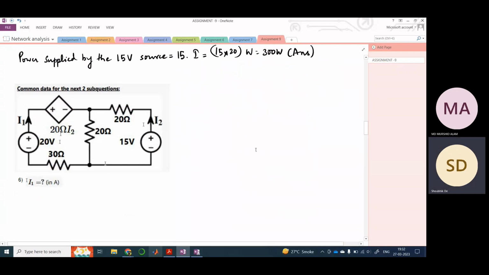So here you see there is actually one dependent source and two independent sources, right? And again, you don't need to consider this ohm part because this is volt, resistance into current, therefore this 20I simple. So here we need to calculate what is the value of I1.